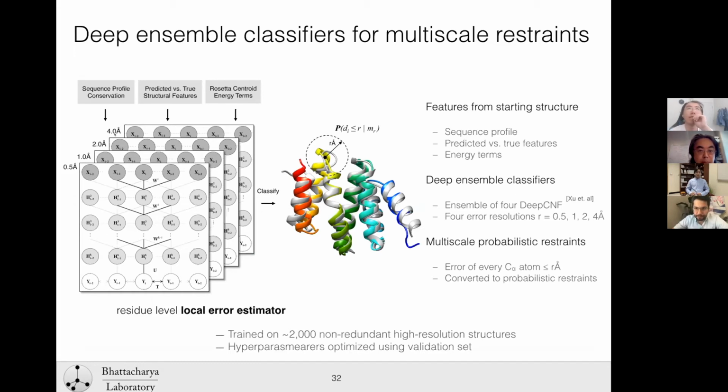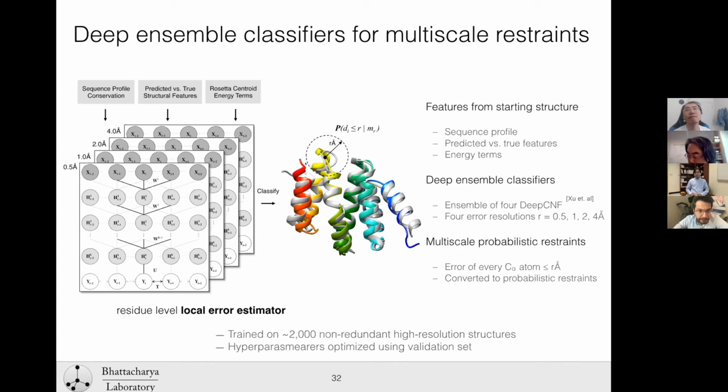And we used an ensemble of 4 classifiers, similar to QDeep, but since we are doing refinement, we used different thresholds: 0.5 Angstrom, 1 Angstrom, 2 Angstrom, and 4 Angstrom. These are equivalent thresholds like I discussed before, but focused more on high resolution structures.